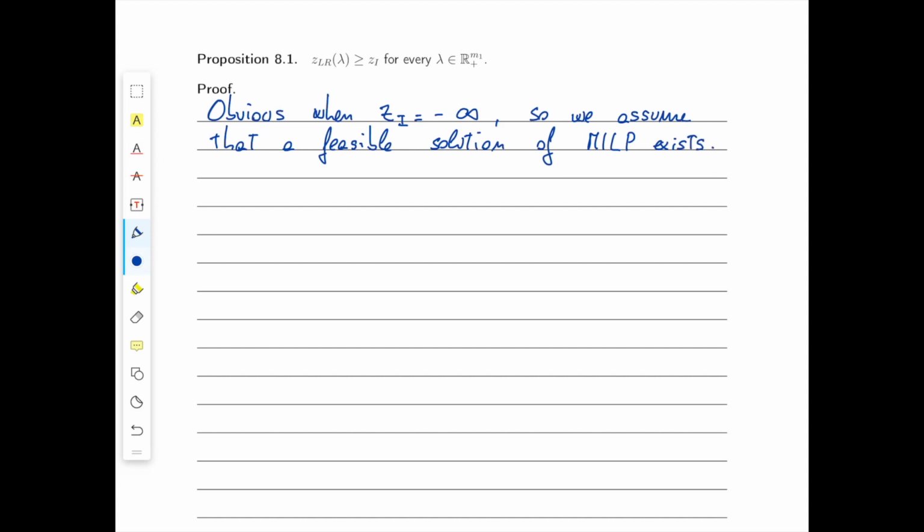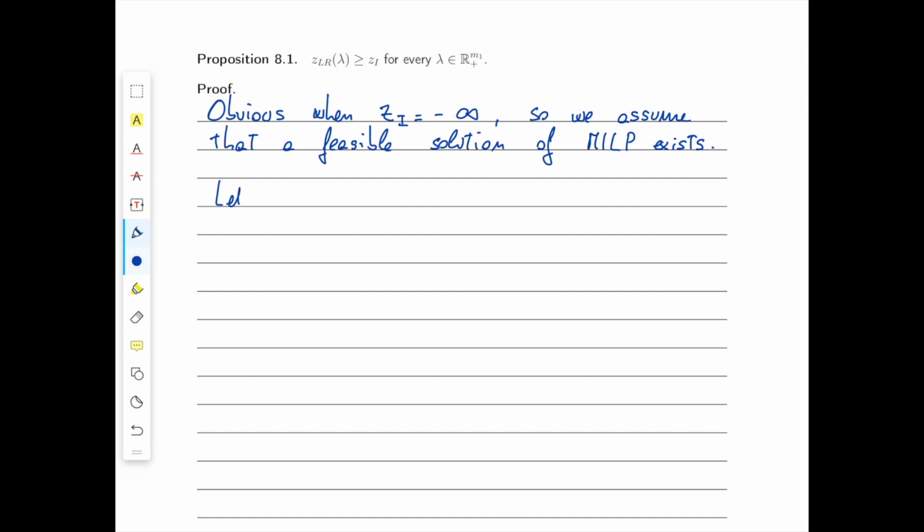So how are we going to show this proposition? We pick any feasible solution of the mixed integer linear programming problem. We show that it's also feasible for the Lagrangian relaxation and that it has objective value greater than or equal to its original objective value. That's enough to prove that the Lagrangian bound is at least Zi.